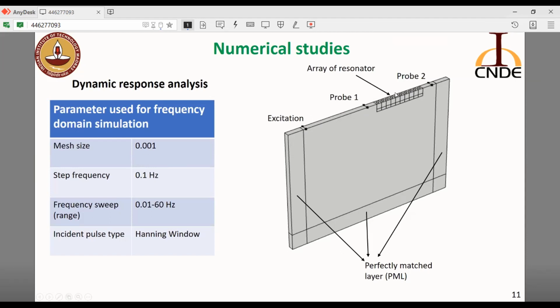We have taken an array of the metamaterial, and a perfectly matched layer is used to attenuate and avoid any reflection from the boundary. So we are using a Hanning window, sweeping a frequency range from 0.01 to 60 hertz.